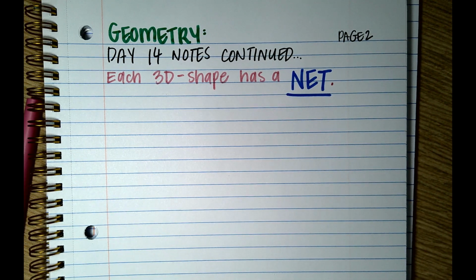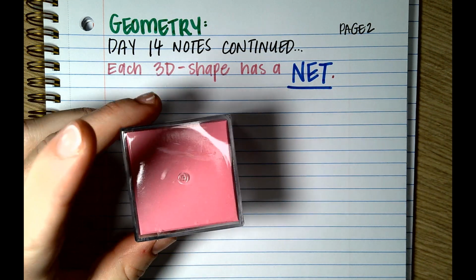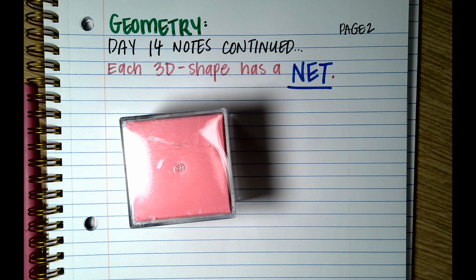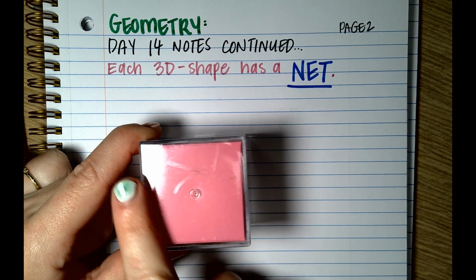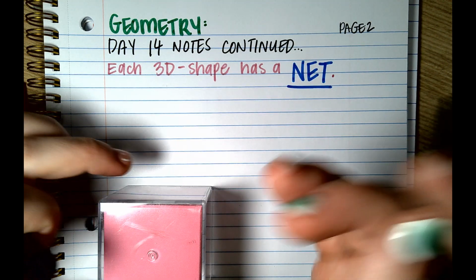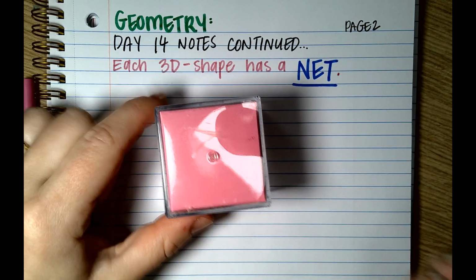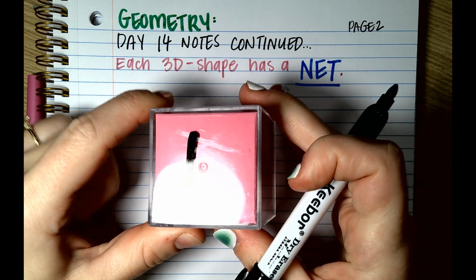So, on a cube, for example, I would like for us to see how many faces this cube has. Now, faces, remember, is just the flat parts of the shape. So, let me get my dry erase marker. There we go. Okay, so here's a face. So that's 1. There are 6.